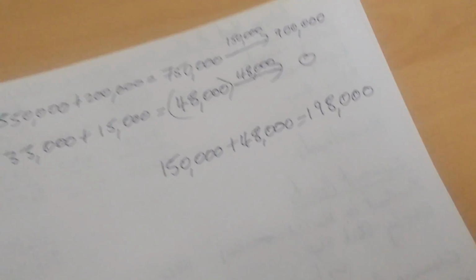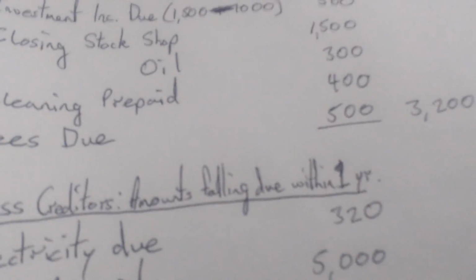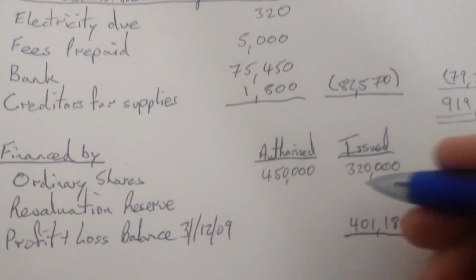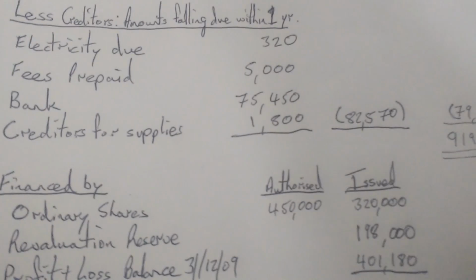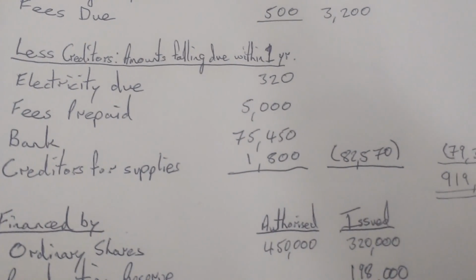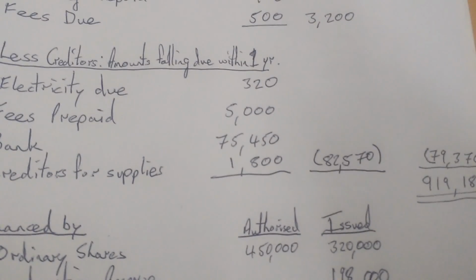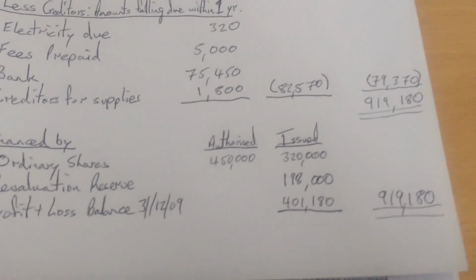Okay, so assuming that my figures are correct there, I'm just going to turn over here and get rid of this sheet up here again now. So we have, where were we? We were down at the bottom here, Revaluation Reserve, 198,000 I think I said, and add the three of them together and look, I presume we get 919,180. So 919,180 there again.